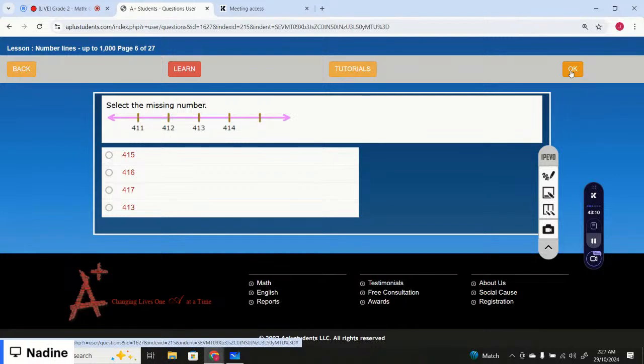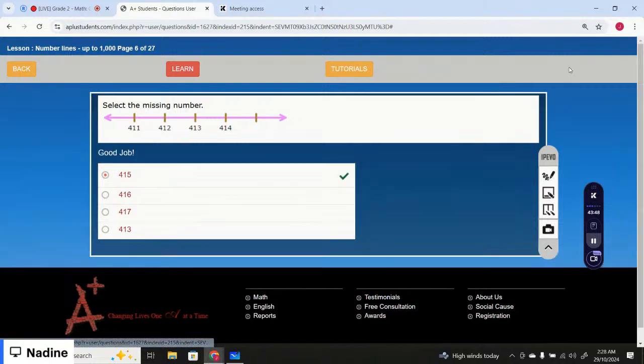Select the missing number. So which number is missing? The correct option is 415.